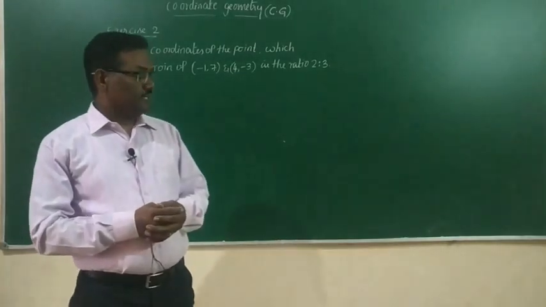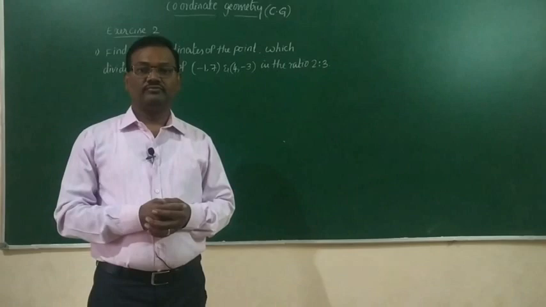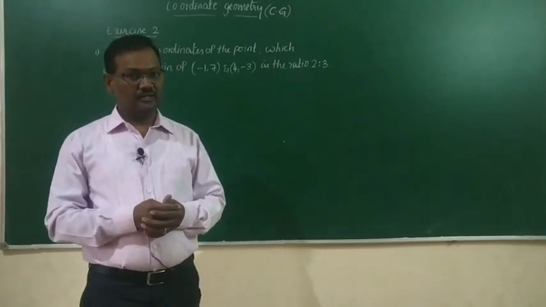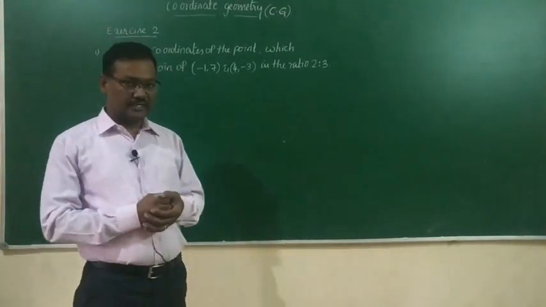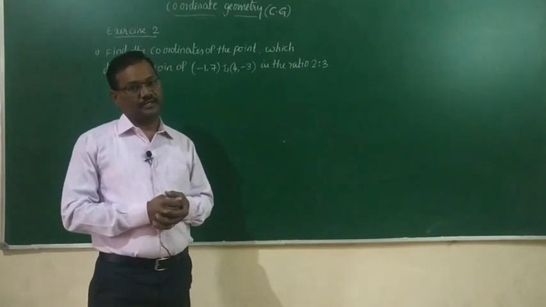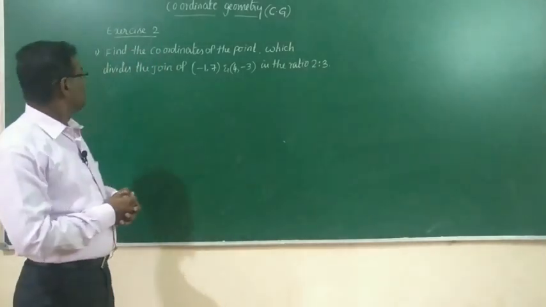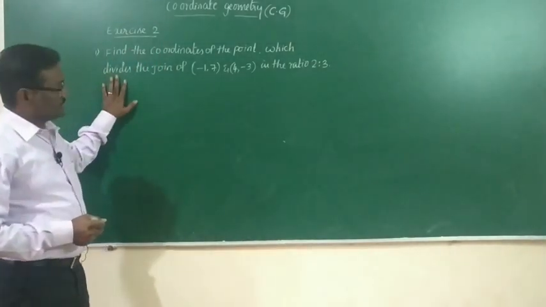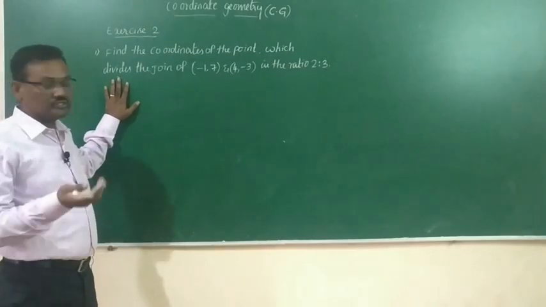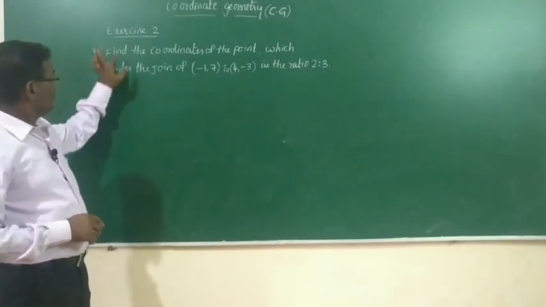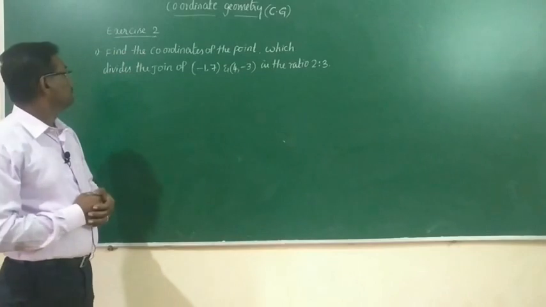We discussed the section formula and midpoint formula, as well as trisection points and four section points. Now we need to discuss the problems on the section formula related to exercise 2.